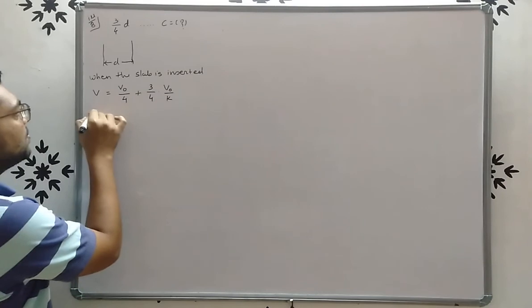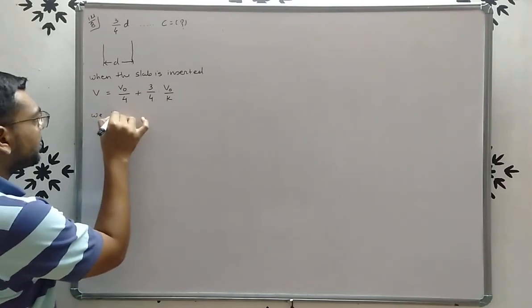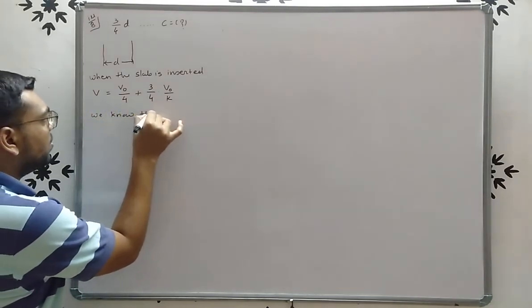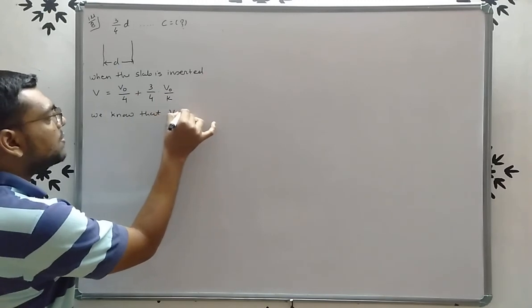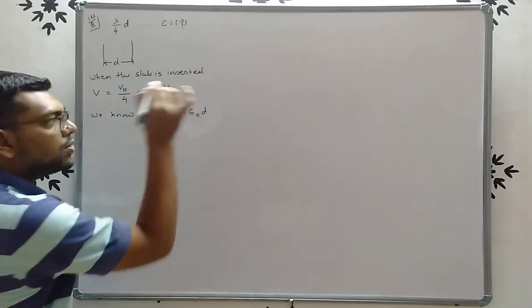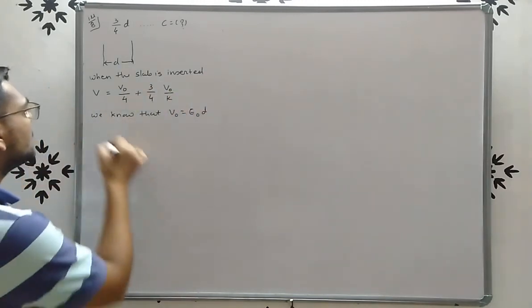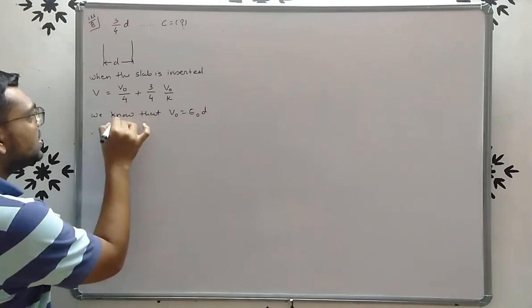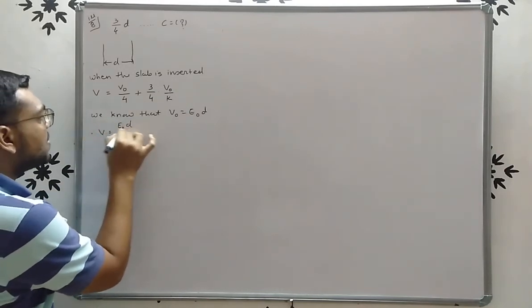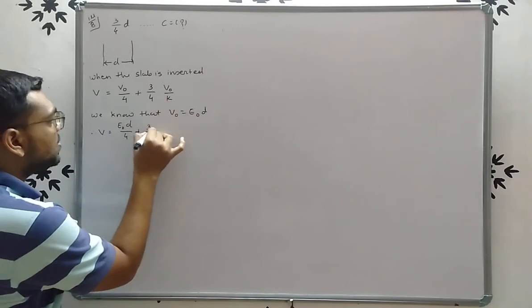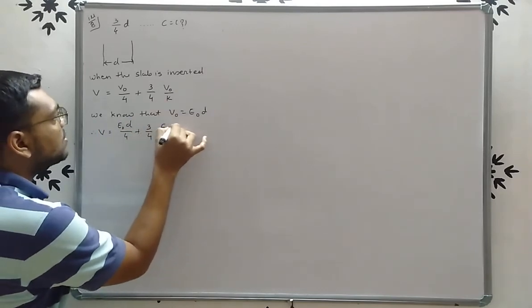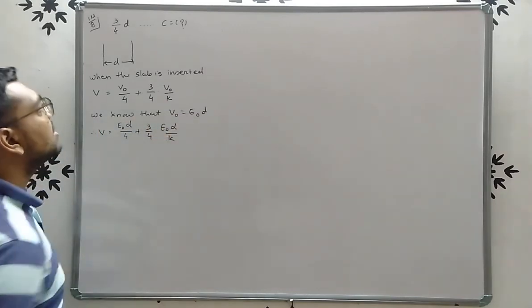So here we know that V is equals to ED, so V0 is equals to E0 into D, right? So V is equals to E0D by 4 plus 3 by 4 into E0D by K, right?